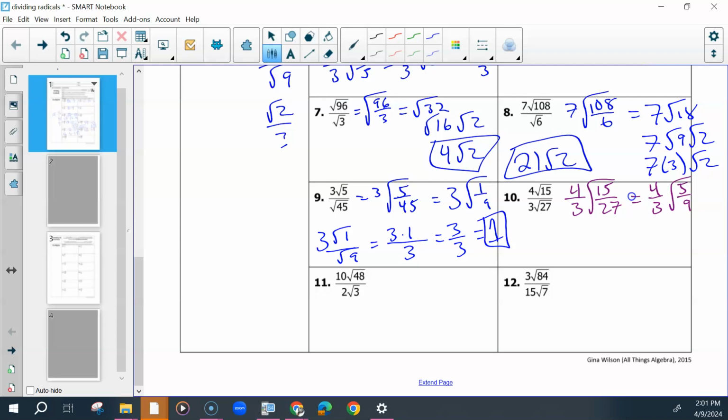And then again, I'm going to go ahead and separate. So we have 4 times the square root of 5 over 3 times the square root of 9. The square root of 9 is just 3. So we have 4 times the square root of 5 over 3 times 3. So 4 times the square root of 5 all over 9 is that final answer. And when you start to get a lot of things like this, that would be a great time to double check yourself.